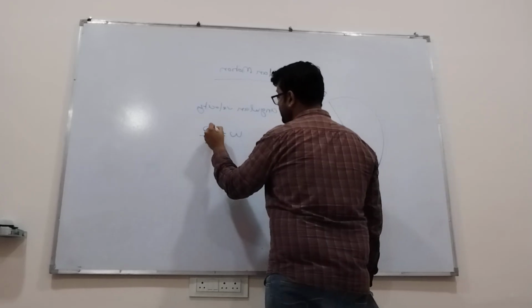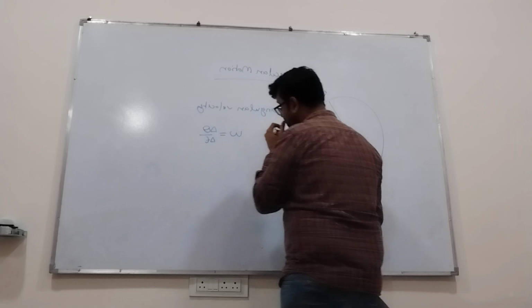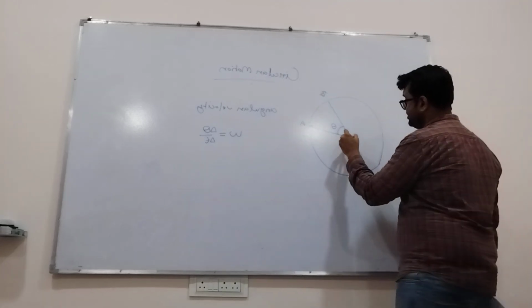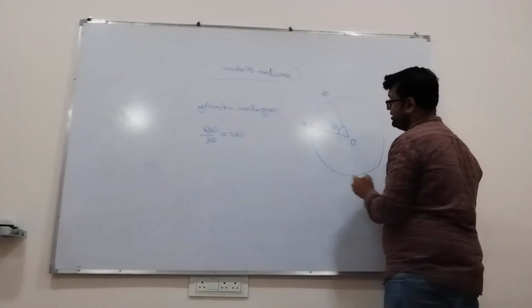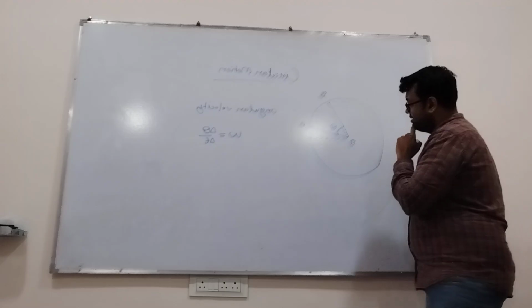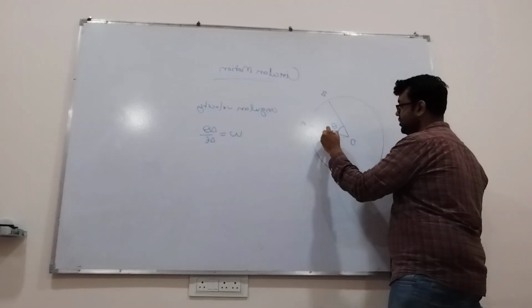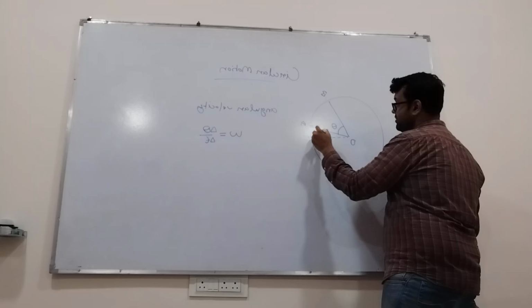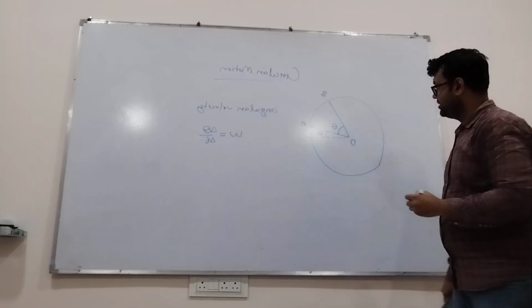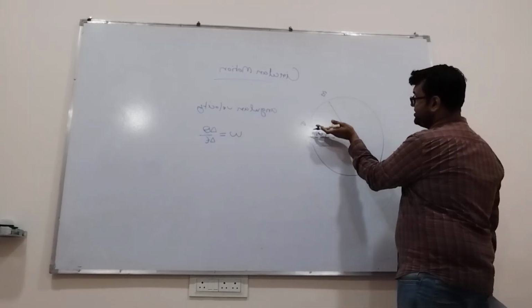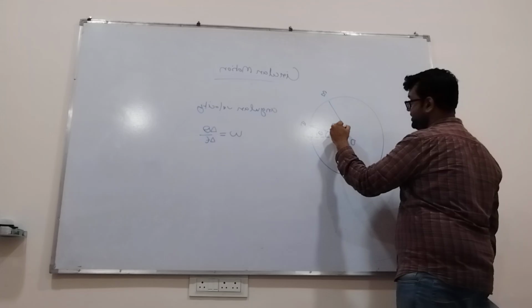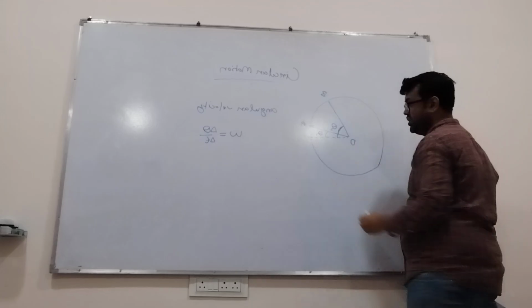Okay. Suppose this is the baseline. From here, the point is making an angle of theta 1, and now it has moved to point B, making an angle of theta 2 from the horizontal.